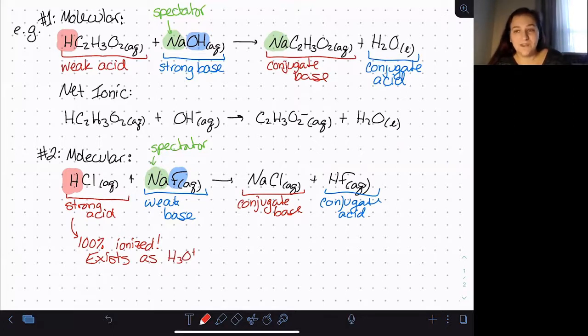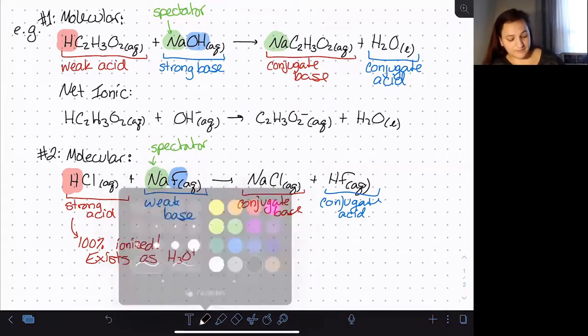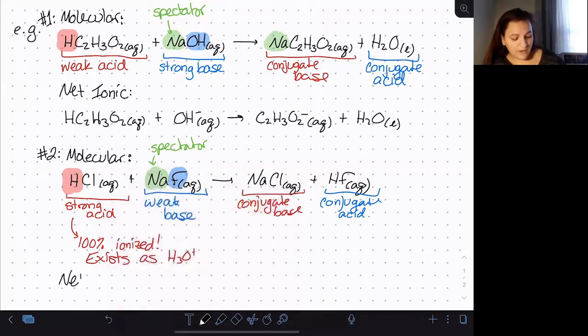HCl aqueous isn't really a thing, because as soon as it dissolves in water, as soon as it hits that water, all of those HCl molecules donate a proton to the water, generating chloride ions and hydronium. So when we write a net ionic that includes a strong acid, it doesn't actually matter what the strong acid is.